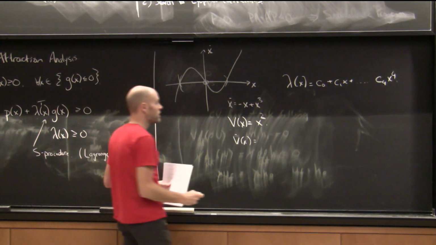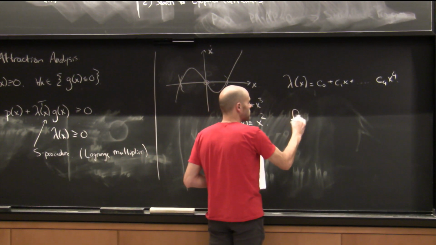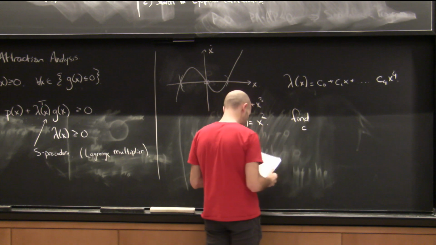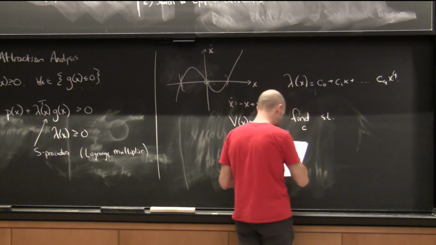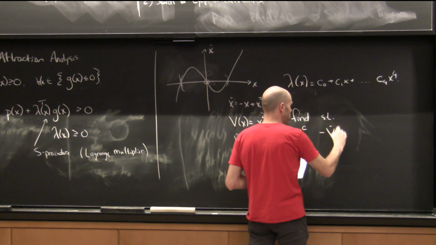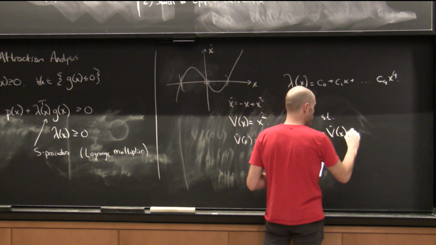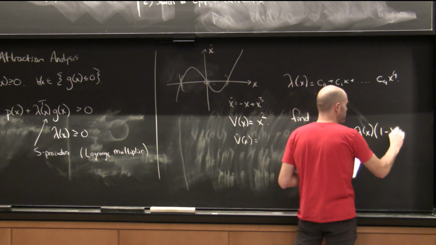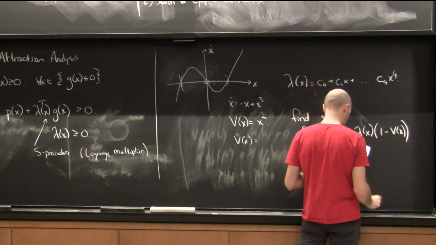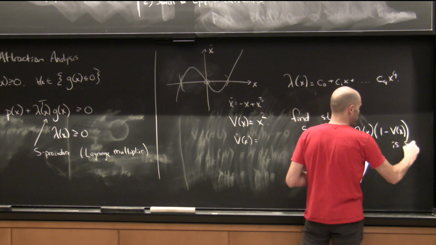And then I said, find c subject to negative v dot of x minus lambda times 1 minus v of x is sums of squares.